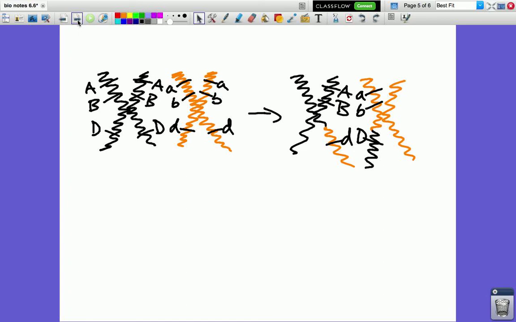D is so far away on that chromosome from A and B that it's very likely that it will be separated.